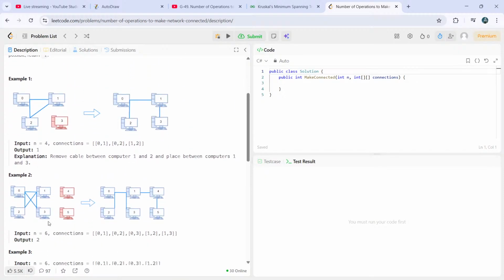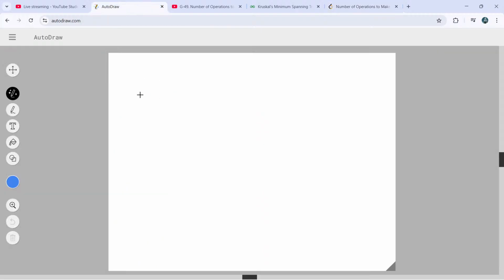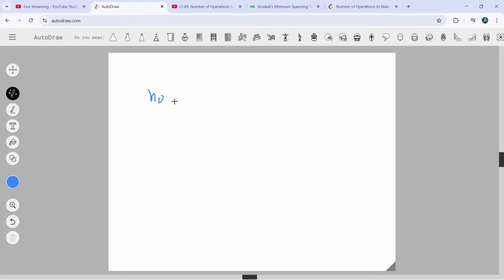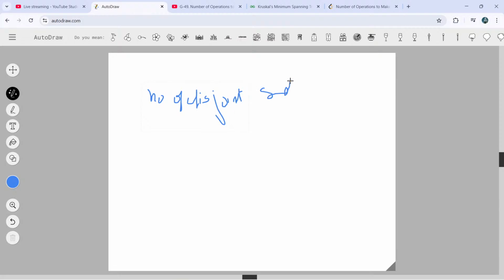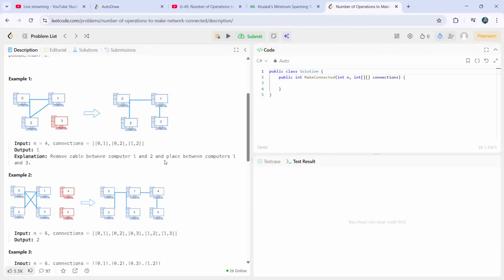So just figure out the number of disjoint sets, let's say that is n, and the answer will be n minus 1. That perfectly makes sense. We need to connect them. So this looks like an easy problem.